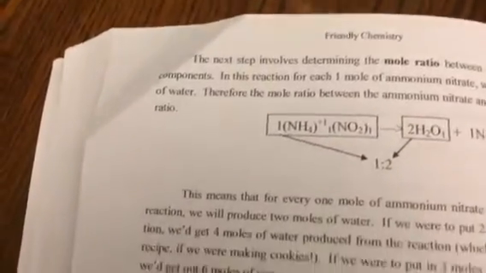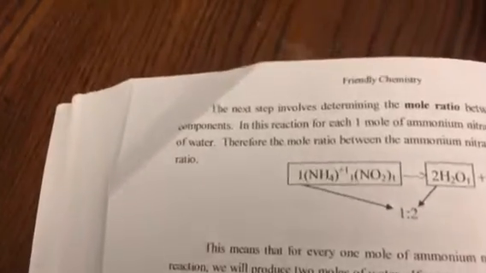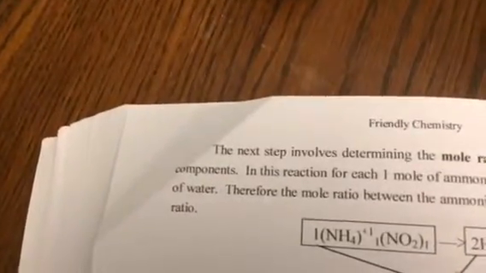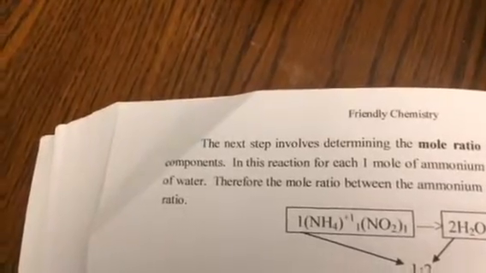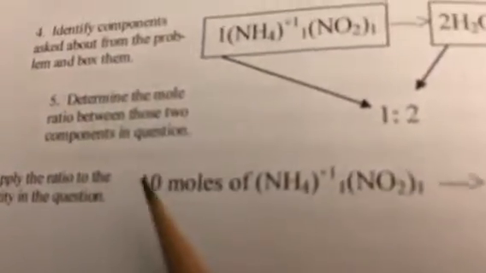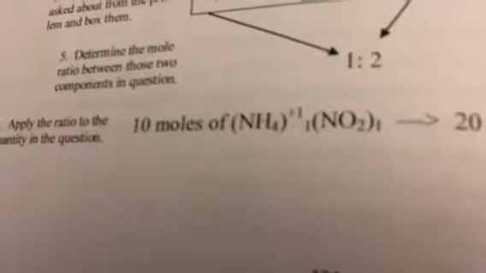Here it is finally. I would say they go on and on. But if you have 10 at a 1 to 2 ratio, you get 20. Okay?